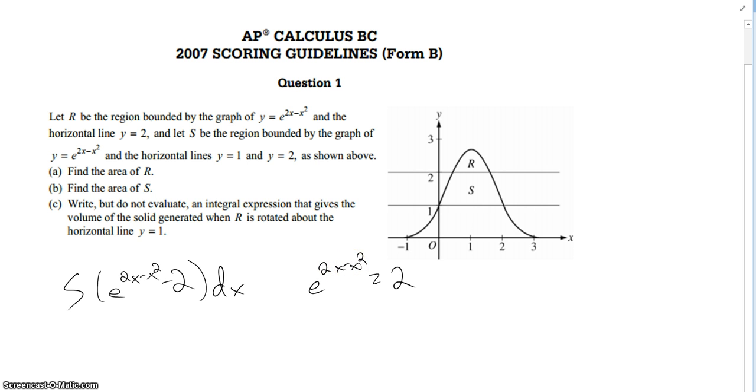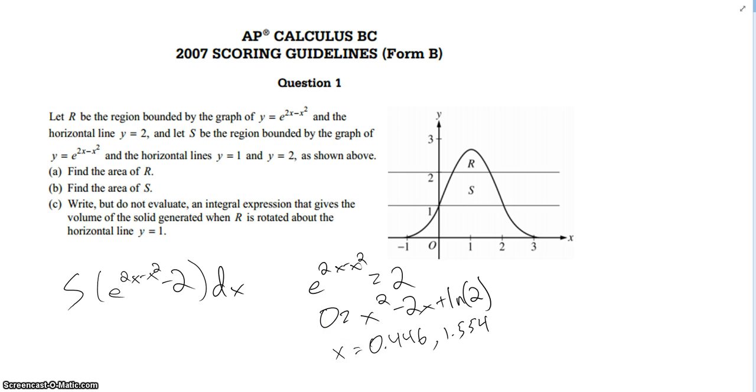The easiest way to find that is when 0 is equal to x squared minus 2x plus ln of 2. We want to do this problem as quickly as possible, so you're going to plug this into your quadratic formula program on your calculator and find the two x values, and I'll do that real quick.